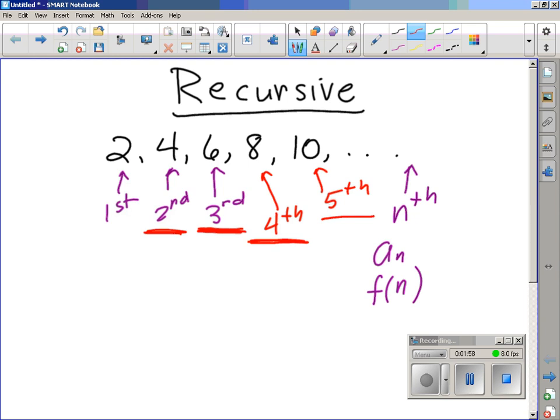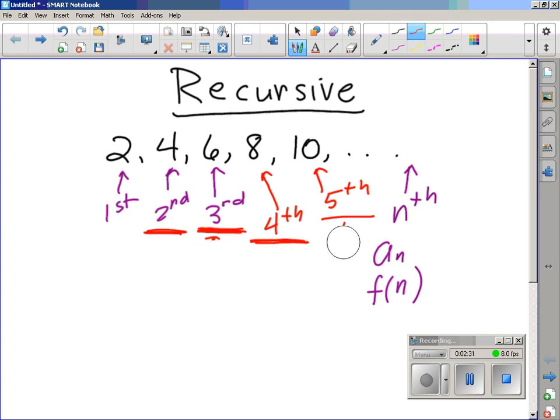Now, to get from here to here, that's just one more term, one more term, one more term. So, if I know this term, this one is minus 1. 5 minus 1 is the fourth term. Then the third term would be 1 in front of the fourth term. The second term is 1 in front of the third term.